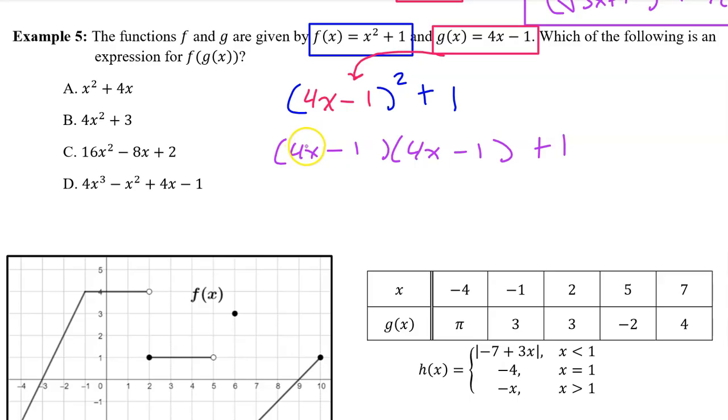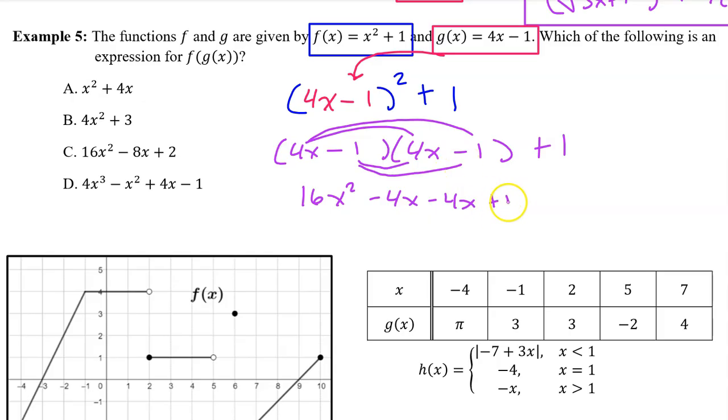So when you distribute, 4x times 4x is 16x squared. And then 4x times negative 1 is negative 4x. And then when you multiply by negative 1, you get another negative 4x followed by a positive 1.